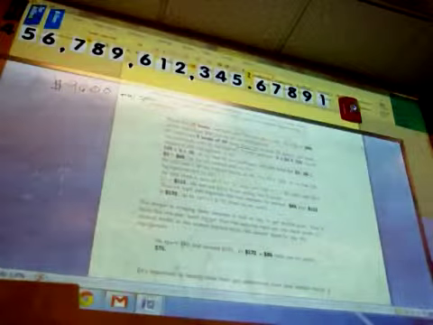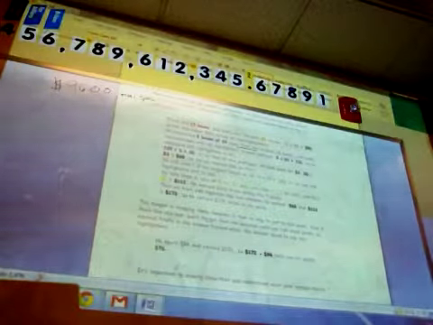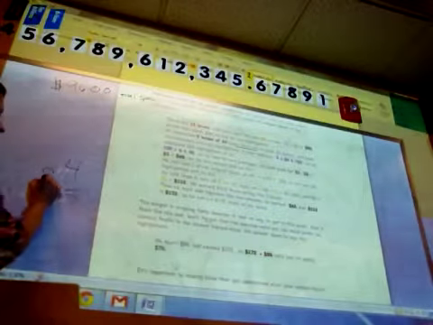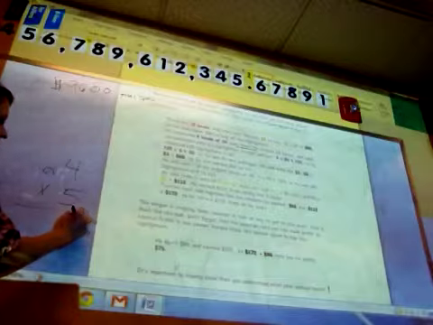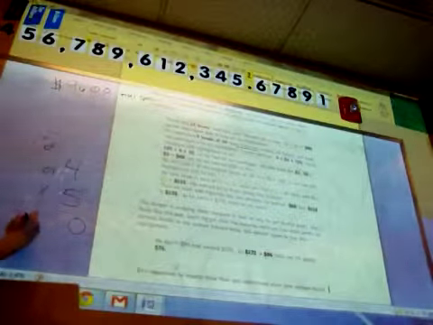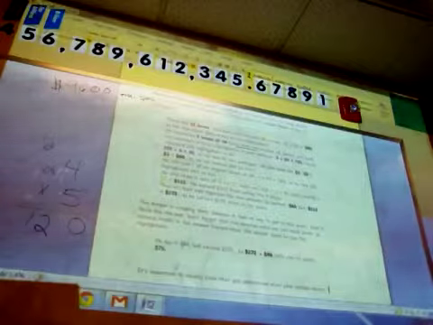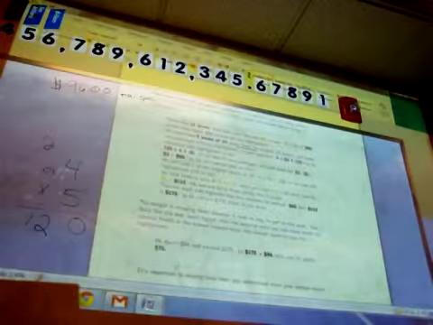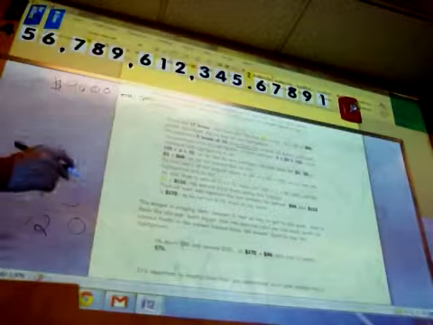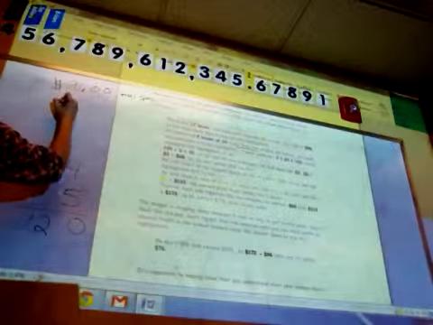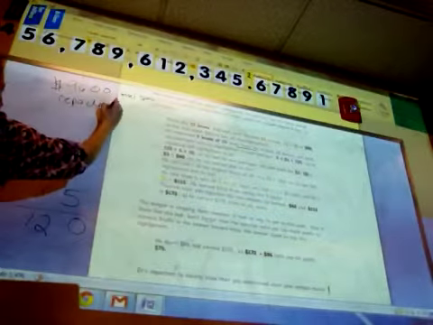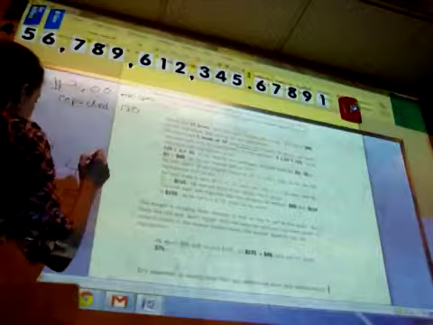We could add 5 boxes each with 24 highlighters, or we can multiply. 24 times 5. 5 times 4 is 20, 0 and 2. 2 times 5 is 10, plus the 2 that I carried is 12. So we know that he repackaged 120 highlighters all together. I'm going to put that information up here also. I'm going to put repacked 120.